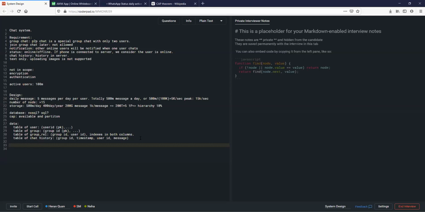We are in a group. What would be your query on your table in that case? Wait a second. I think that will be the group relationship table, right? If we have the group ID, then we can query the database for who is in this group.